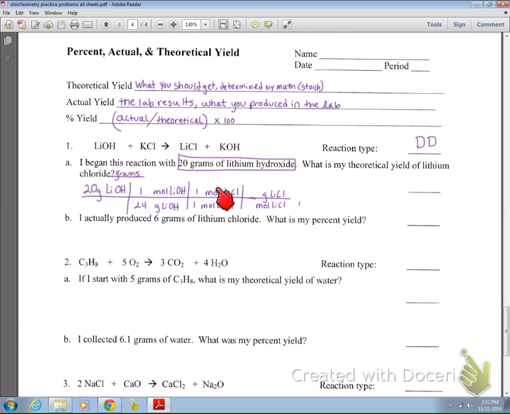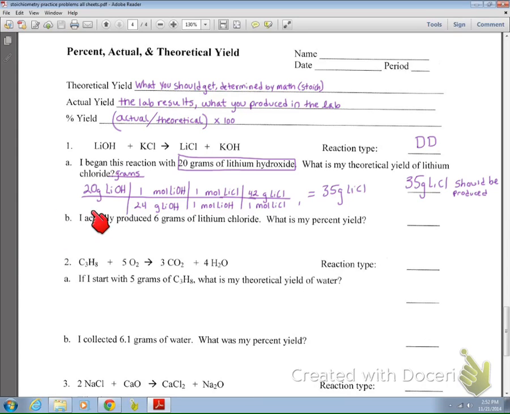Anytime you go mole to mole, you've just got to make sure that you've got compounds or elements that are within the chemical formula that you're looking at. Then anytime I have moles and grams, I have 1 mole, and the molar mass or formula weight of lithium chloride is 42 grams. So when I cross all of those things out, I should get 35 grams of lithium chloride. So that is my theoretical yield. That is how much lithium chloride should be produced.